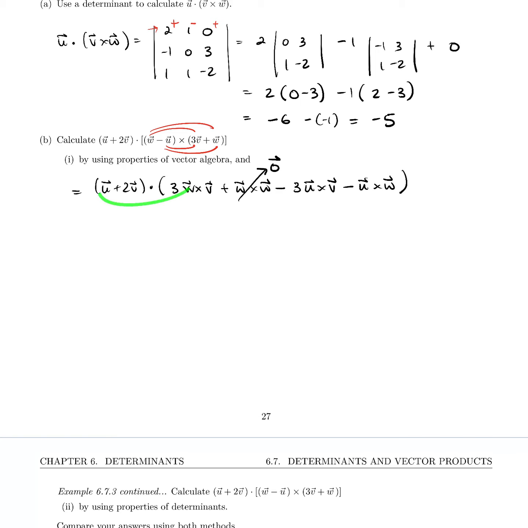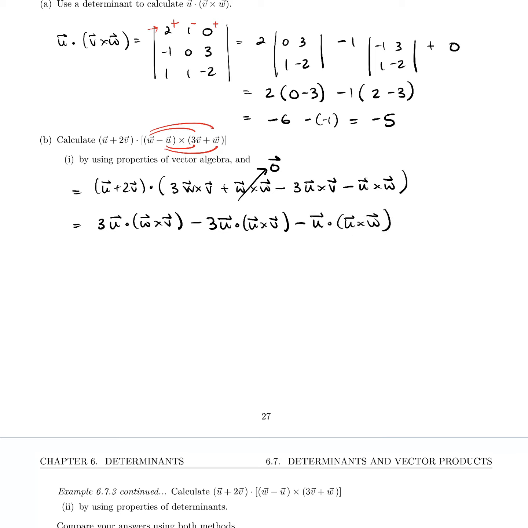We'll distribute the dot product onto each one of these, and the same thing with the 2v. So we're going to get 3u dotted with w cross v, and then minus 3u dotted with u cross v, and minus u dotted with u cross w.